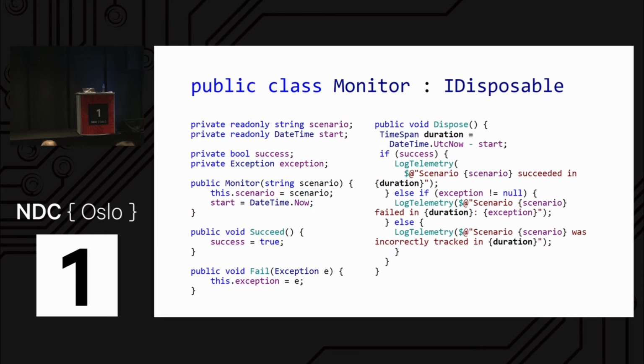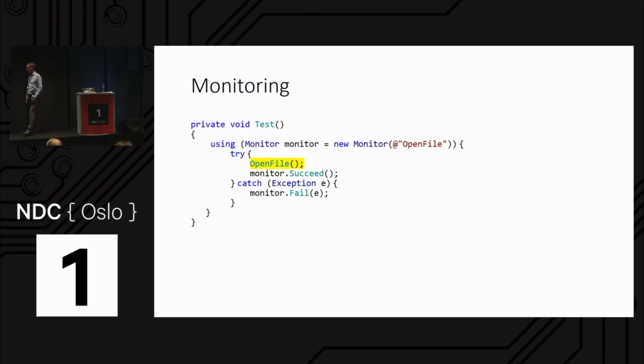That's the implementation of the monitor class, a very simplified one to be sure. But this kind of code is not too hard to write. But if you look at the usage, you can see that the highlighted line of code, which is the only actual line doing anything, sort of drowns in all the scaffolding surrounding it.